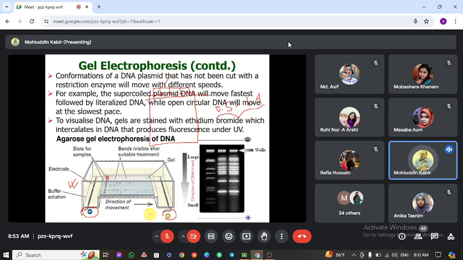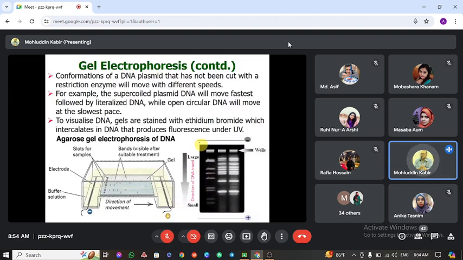Now, after finishing the run, we need to visualize the band under UV light, because we do not see the DNA band on the agarose gel.